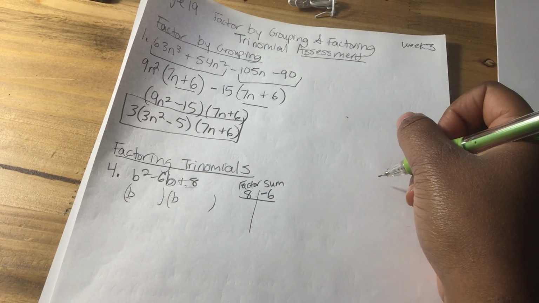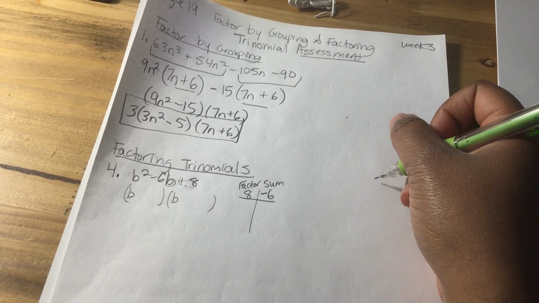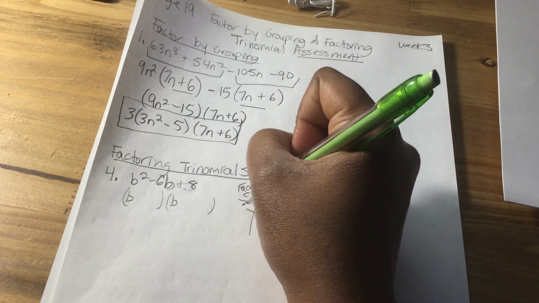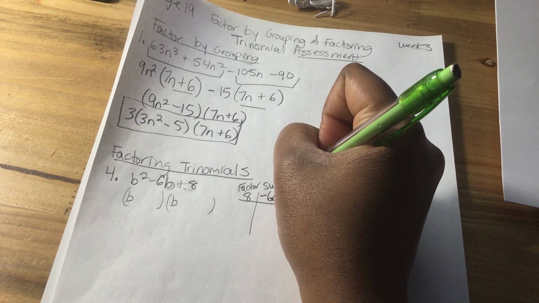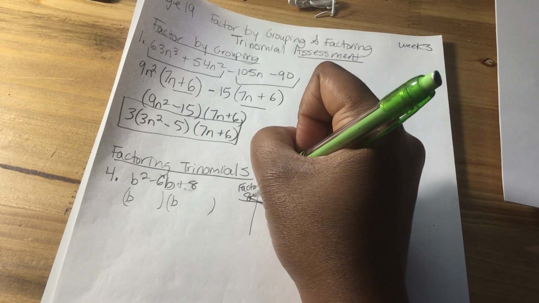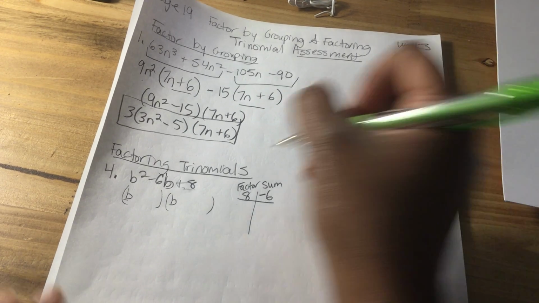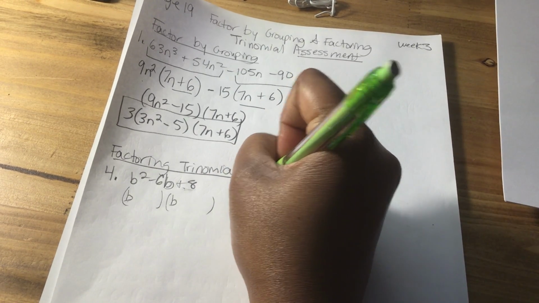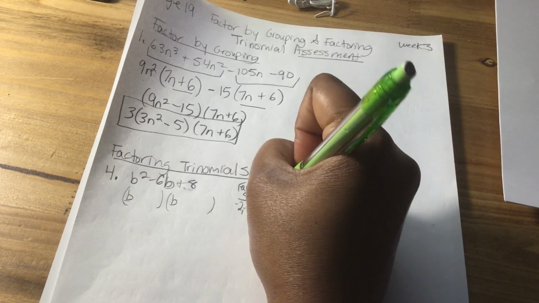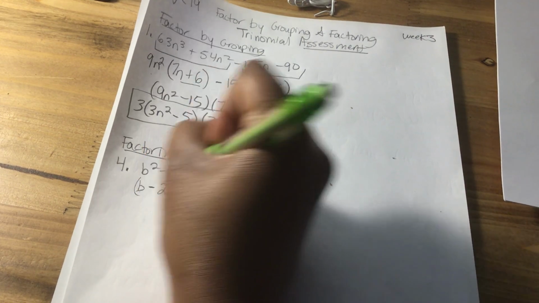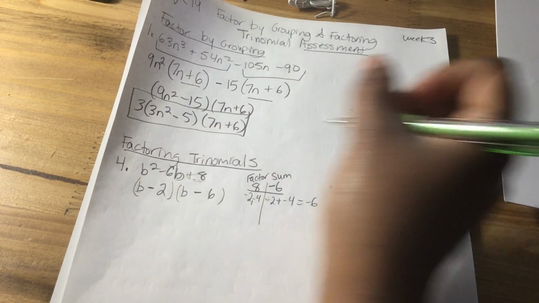So here, when we factor, they both need to be negative, because a negative times a negative is going to give us a positive. But then when we add the negatives together, we get a negative answer. So we have negative 2 and negative 4. Negative 2 plus negative 4 is equal to a negative 6. So we're going to use minus 2 and minus 6.